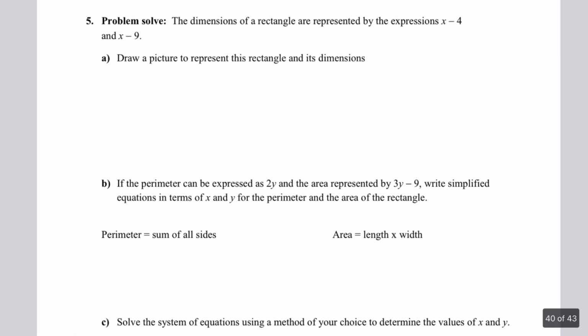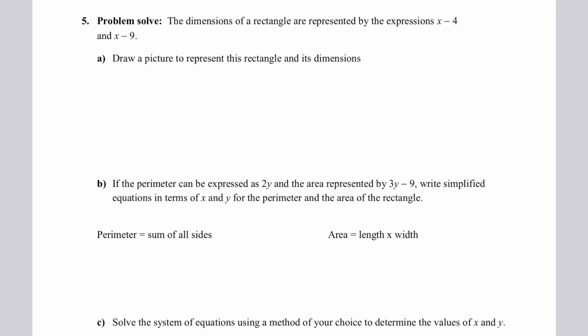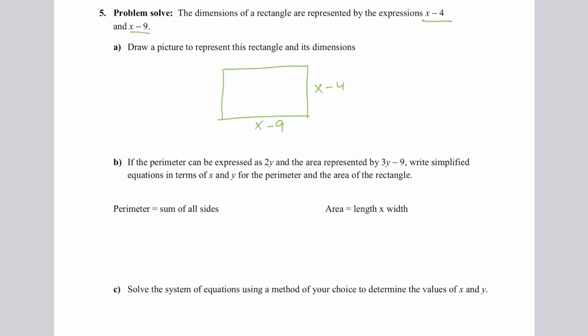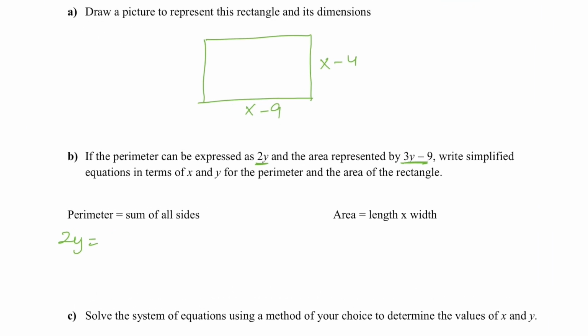You are given dimensions of a rectangle, x minus 4 and x minus 9. Draw the picture that represents it. So it'll be this. And then if the perimeter is 2y and the area is represented by 3y minus 9, write the equations. Perimeter is the sum of all sides, so 2y equals 2 times x minus 4 plus x minus 9.